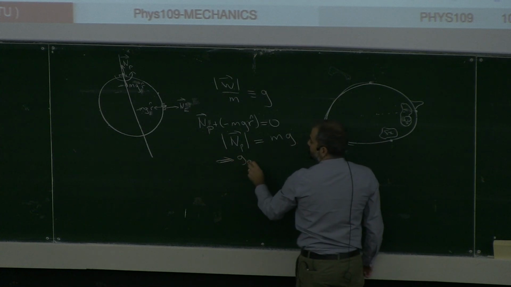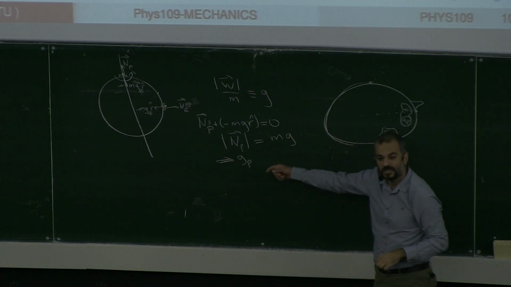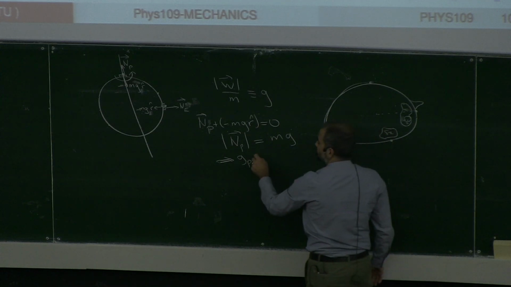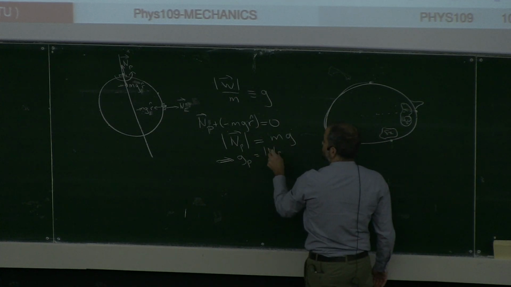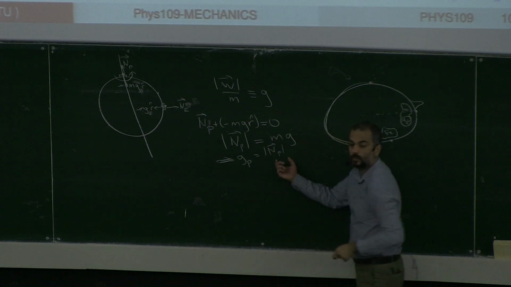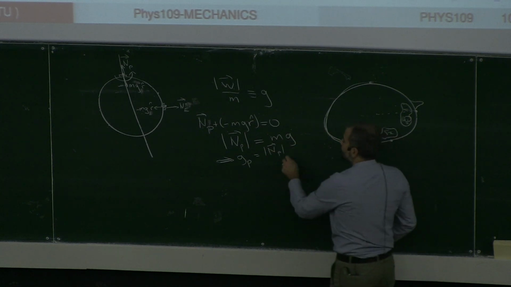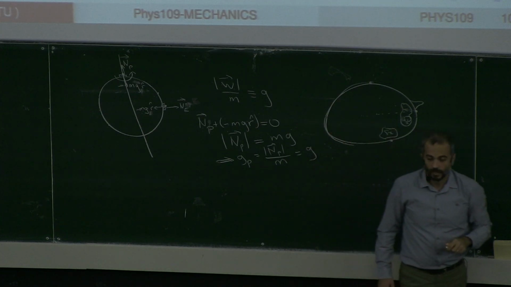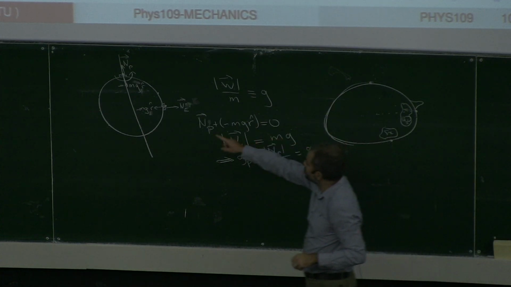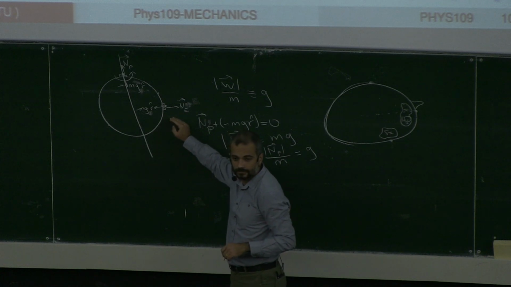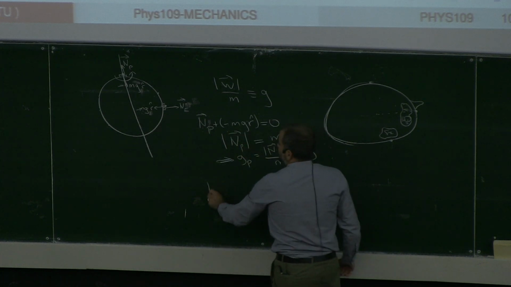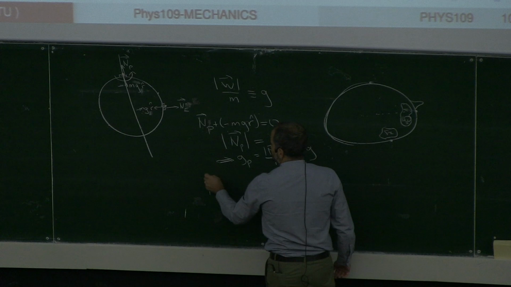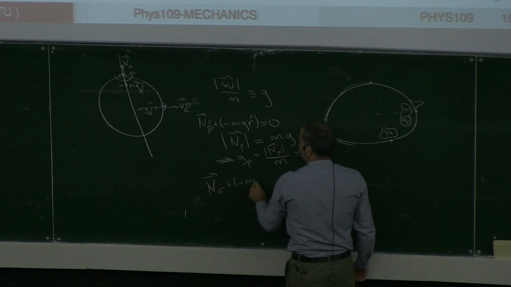So if you define the measured gravitational acceleration on the pole as the normal force, the weight measured by the scale, divided by the mass, this will be equal to g. Whereas if you look at the equator, we have the normal force at the equator plus minus mg r hat.